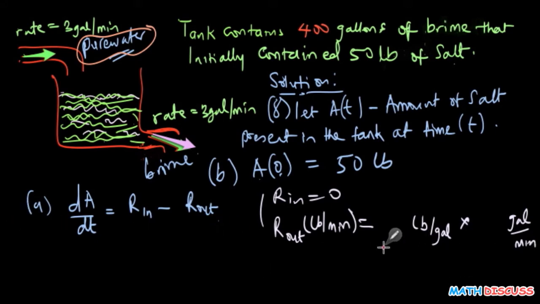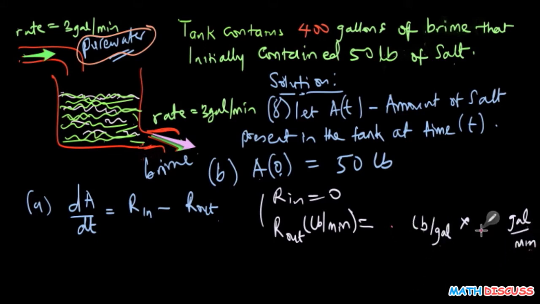So what we actually mean here is the rate at which the salt is leaving the solution, which is lb per minute, equals the concentration of salt in that tank, the concentration per gallon, times the rate at which the solution itself is leaving, not salt now, the solution is leaving the tank.